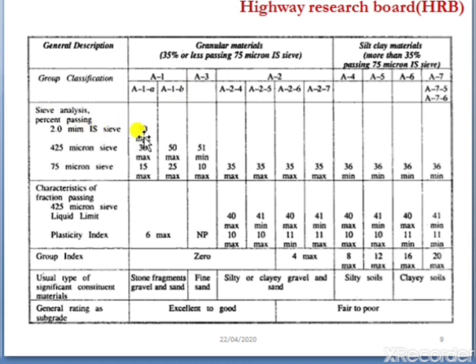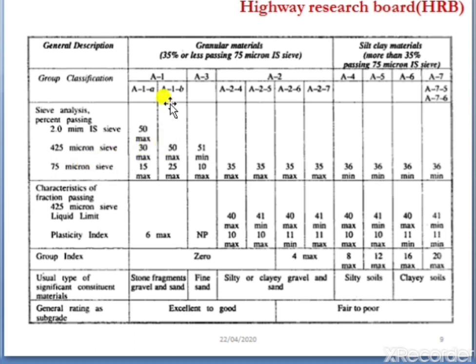If I take the 425 micron sieve, the percentage passing is a maximum of 30%. If I consider the 75 micron sieve, the maximum percentage passing is 15%.